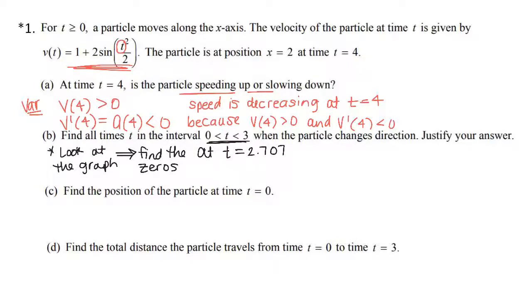Is that right? And what would be the time here? Did it give us a time, like as far as units? I don't see one. Do y'all? Okay, so at t equals that value there, we know the particle changes directions because, and so that's what we're going to write.